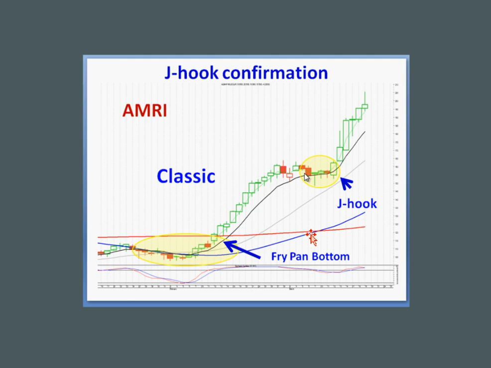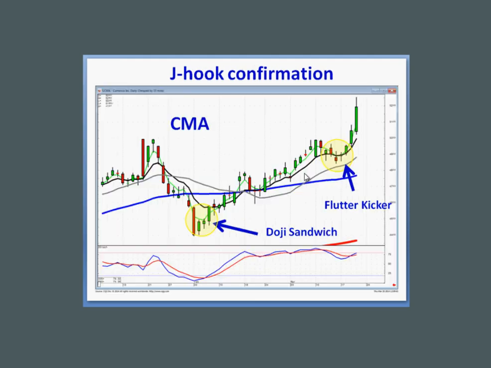This is what we call a classic pattern, which we make a lot of money with. And you see that fry pan bottom. What do we expect coming out of a fry pan bottom? Very strong price move. What's the prerequisite for a J-hook pattern? A very strong price move. Then it consolidates, and then the move continues.